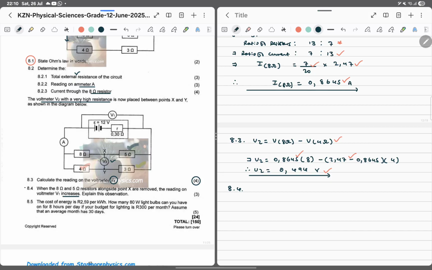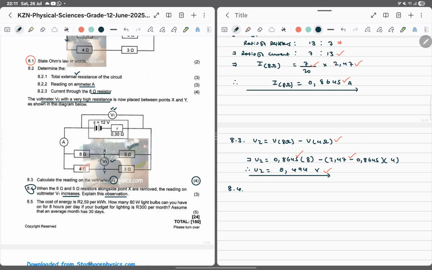You see that last MCQ question? Typical of this stuff. Okay. It says now, when those are removed, the reading on V1 increases. Question is why? Right? Explain this observation. So why does it increase? Now V1 is the external voltage.